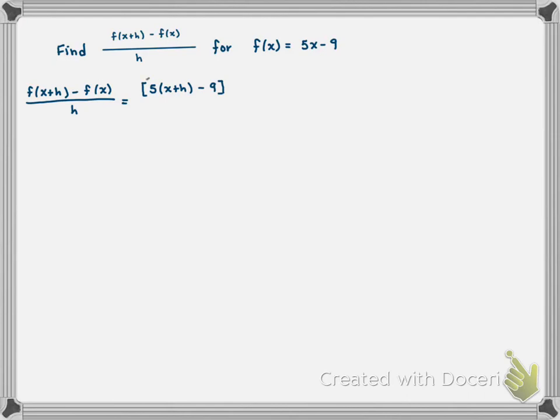So this right here is f of x plus h. It's my function with an input of x plus h plugged in. And now we want to subtract. What's f of x? 5x minus 9.